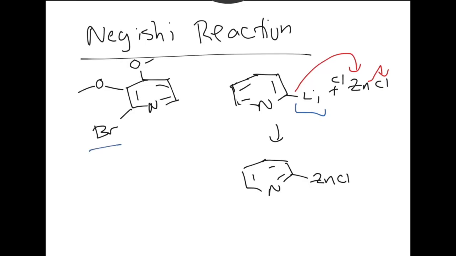So then they have their bromide and they have their zinc reagent, right? In the next one, the first step that they do is something we talked about before, which is a lithium halogen exchange, right?